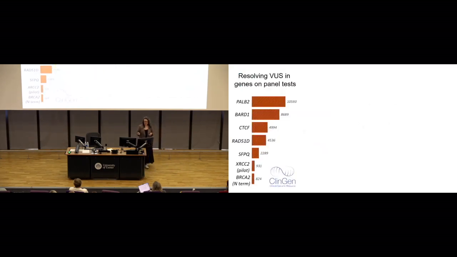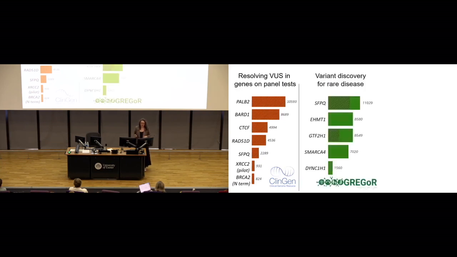We choose genes based on multiple clinical uses. First, we have a lot of genes that we've tested that I label with ClinGen, and these are genes that are on genetic testing panels, generally, right? So there's a lot of testing going on, a lot of VUS. The other is variant discovery for rare disease, and I work with a rare disease consortium called GREGoR, where we try to understand some of these variants.